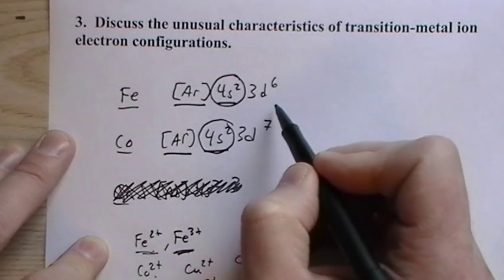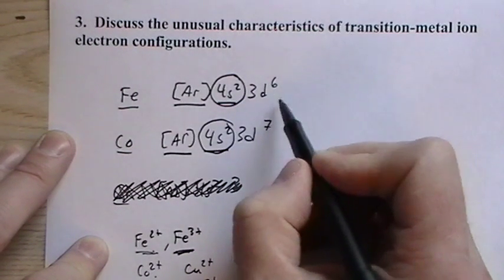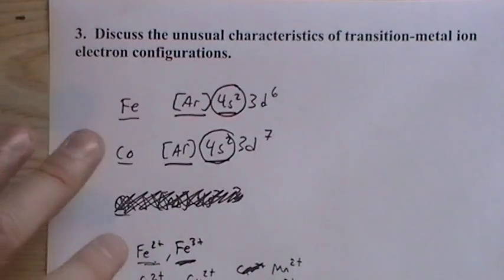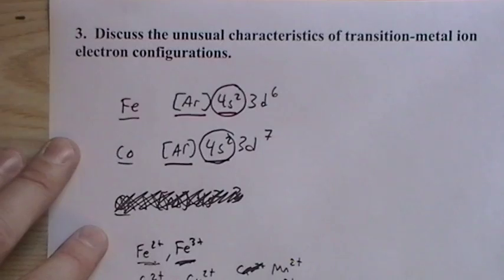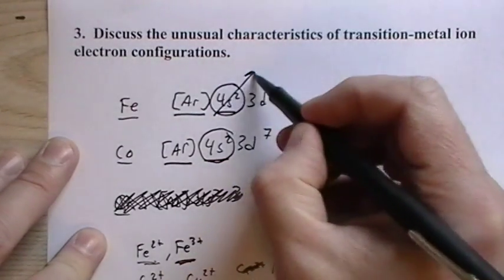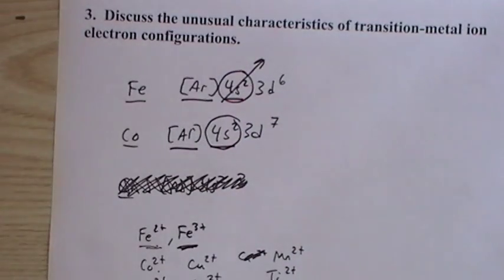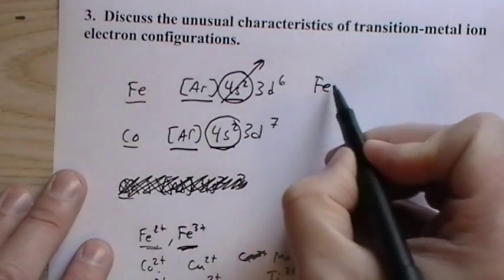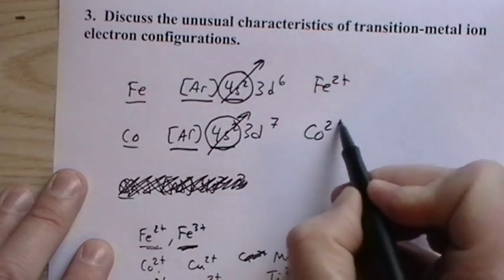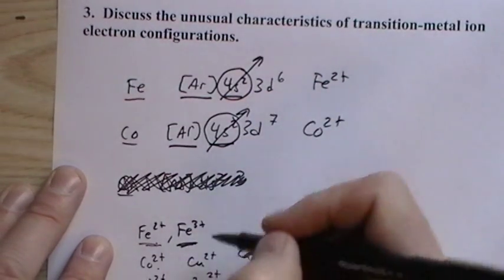The d electrons are part of a sublevel that has 5 orbitals, and there's a tendency for more stability in those d orbitals than the s. So iron will lose its s electrons to become iron +2. Cobalt will lose its 4s electrons to become cobalt +2. Same for all the other elements in the row.